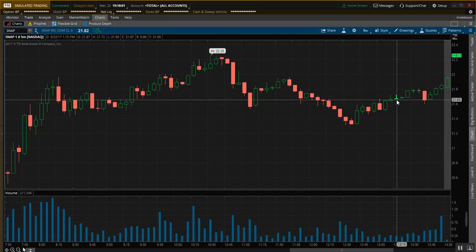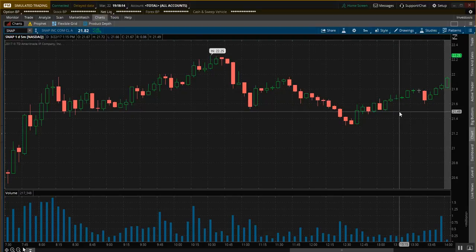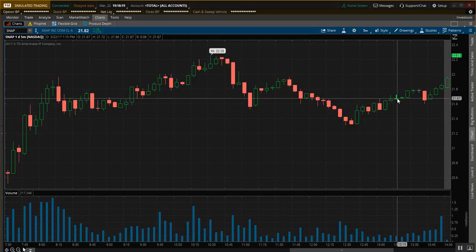An example of this is called a doji, which means it opens and closes at the exact same price. So basically it looks like a plus sign or a cross of some sort. When it opens and closes at the same price, but it's above the previous close, it'll be green.